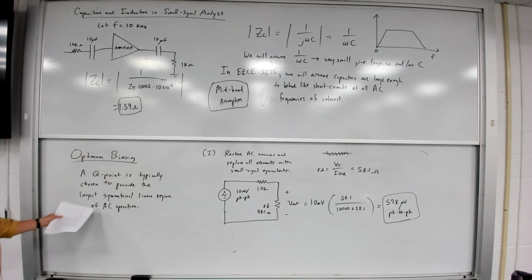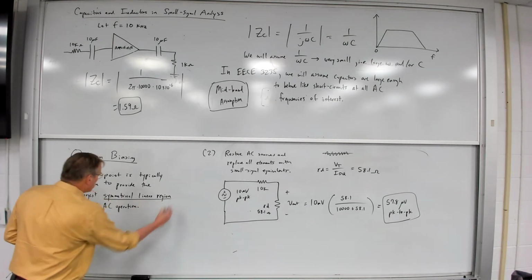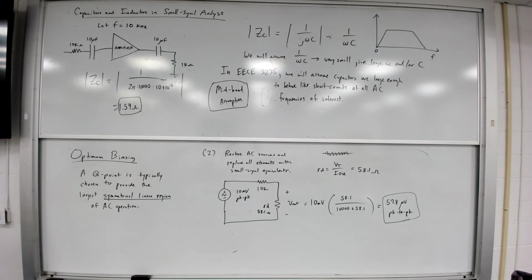So when we choose a Q point, we typically want to choose one to provide the largest symmetrical linear region of AC operation. Now what do I mean by that? Well, let me draw a diagram to illustrate what that sentence means.